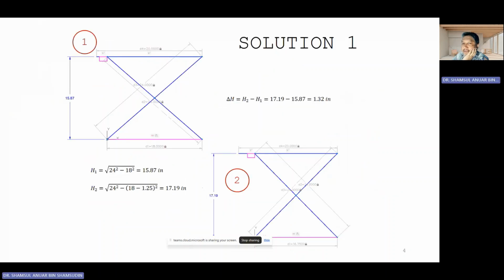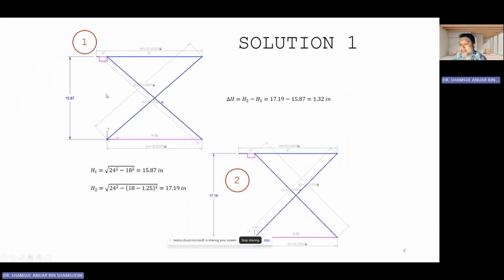And I think we have seen the initial position when this base is 18 inches, whereas after some cranking, the base shrinks to 16.75, and that causes the height to increase from 15.87 to 17.19.